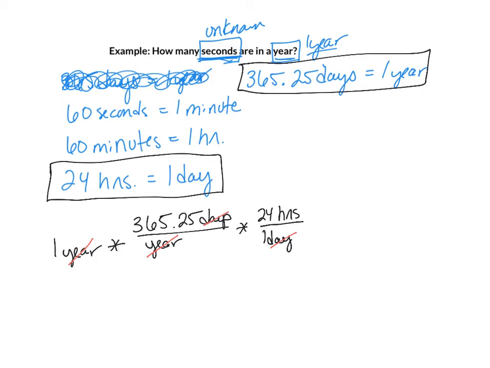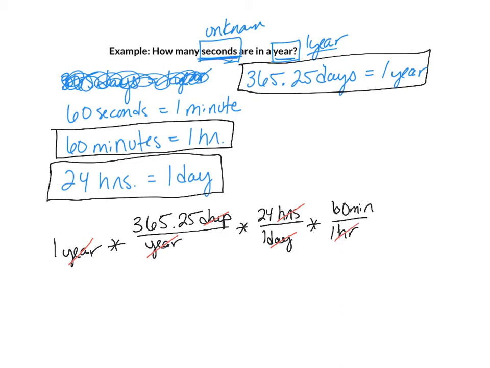So now we need something that deals with hours. And here we go. We've got 60 minutes in 1 hour. So I put 1 hour down below and 60 minutes up above. How do I know to put the hour down below? Well, because I want to be able to cancel that out.